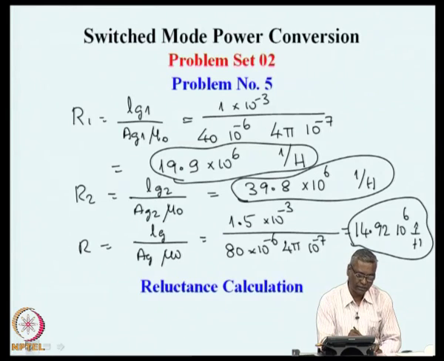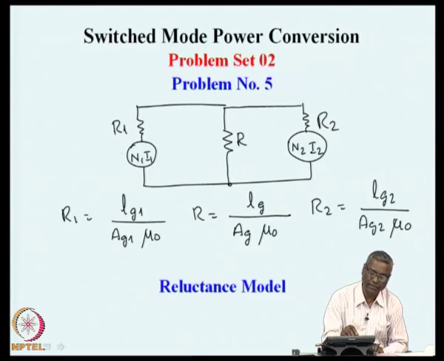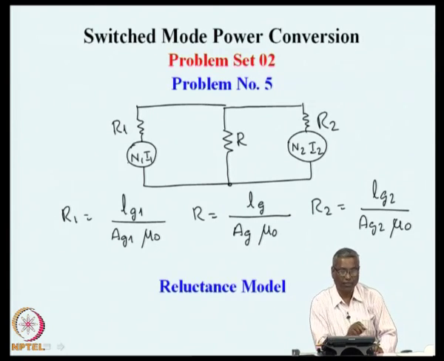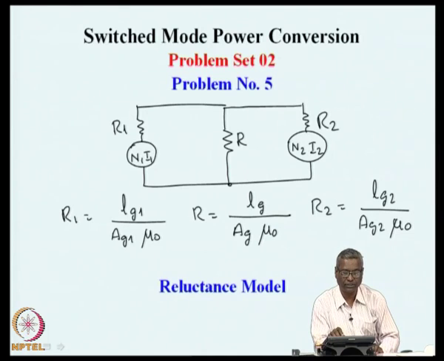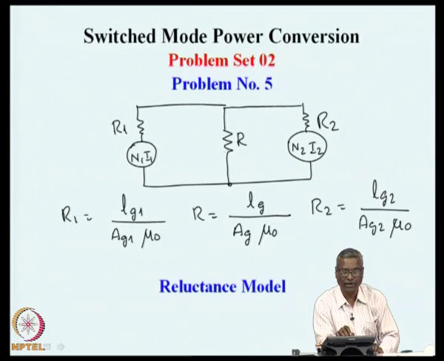So, in all these cases, the method of analysis is to draw the magnetic circuit in the form of its electrical equivalent circuit, where the excitations are the MMFs, magnetomotive forces, and the circuit impedances are the reluctance, magnetic reluctance of the branches.